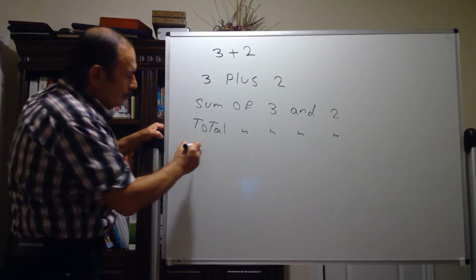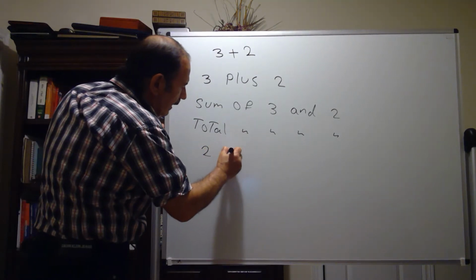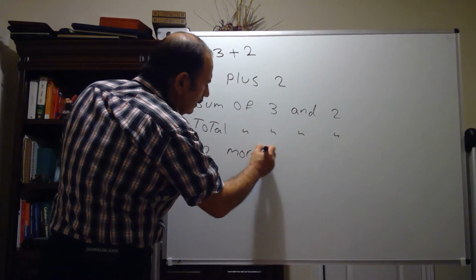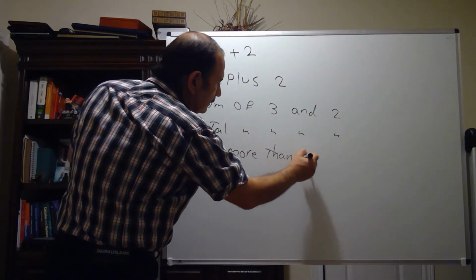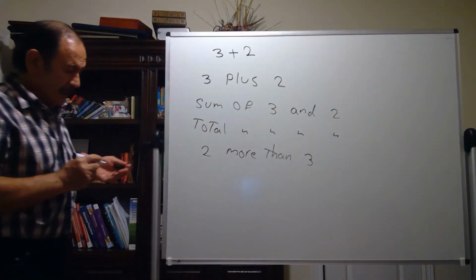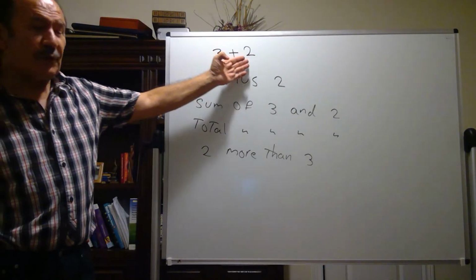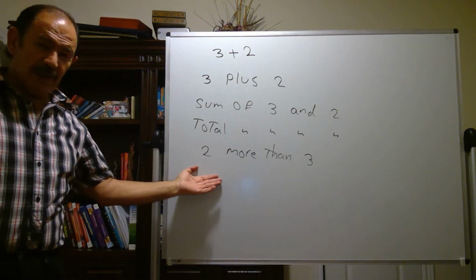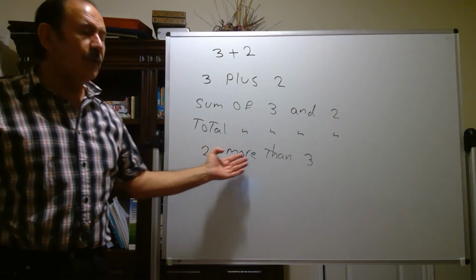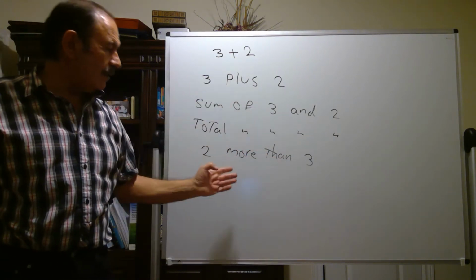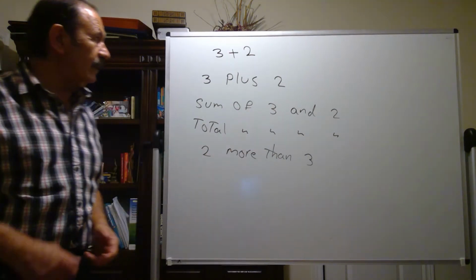I can write it as 2 more than 3. Look at this case: even though the 3 is first and 2 is next, when I write it verbally it's 2 more than 3. 3 is the original number and 2 more than 3.